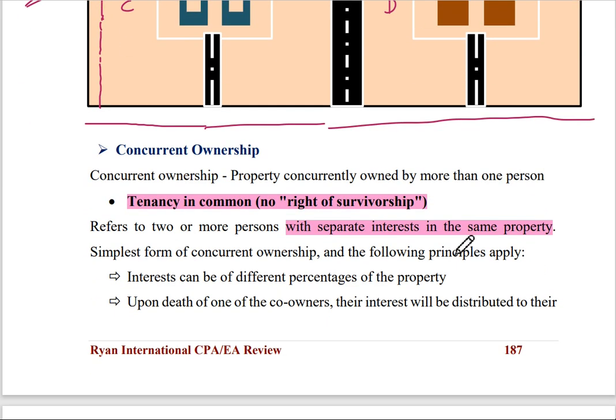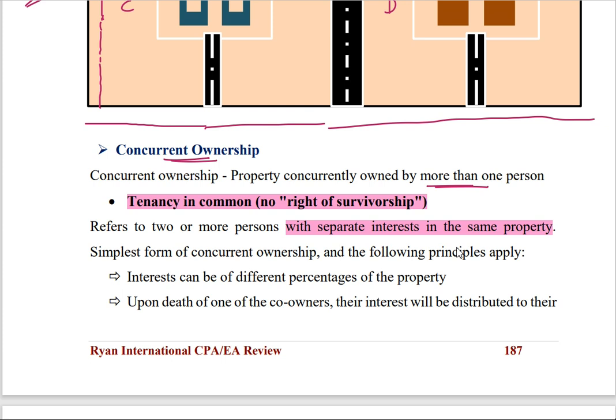So many people can own the same property. That's called concurrent ownership. Okay, when the property is owned by more than one person. So the major ones are tenancy in common. We call it no right of survivorship.